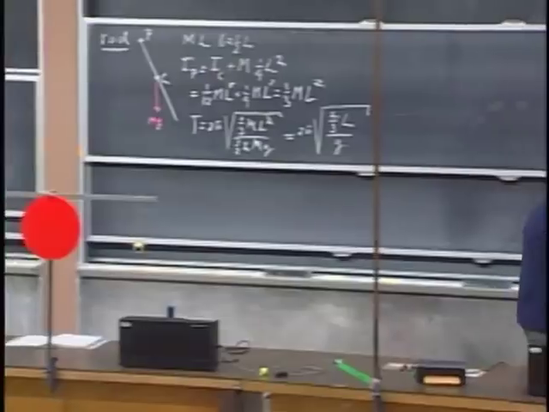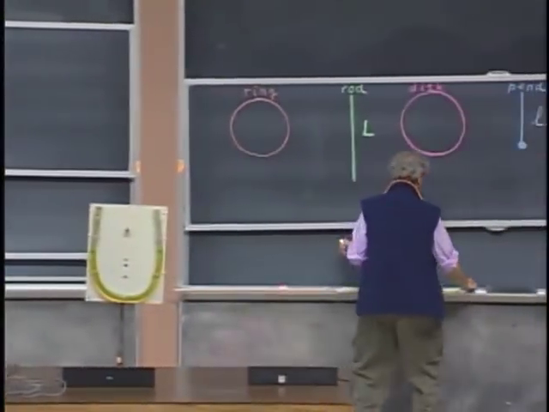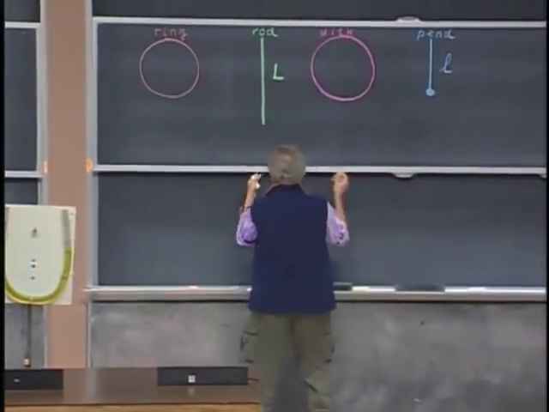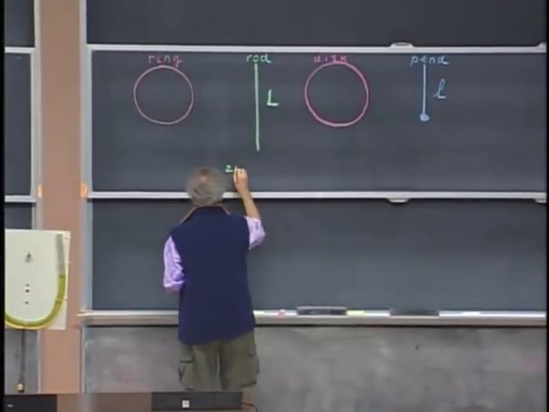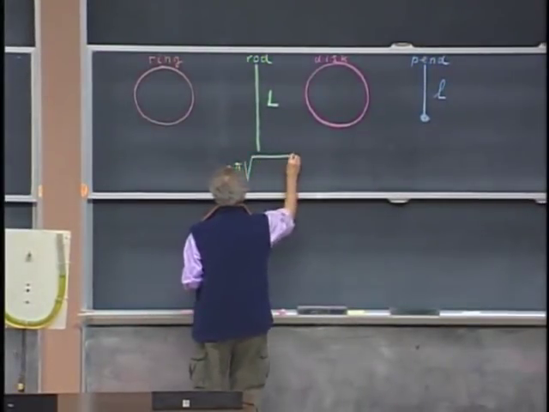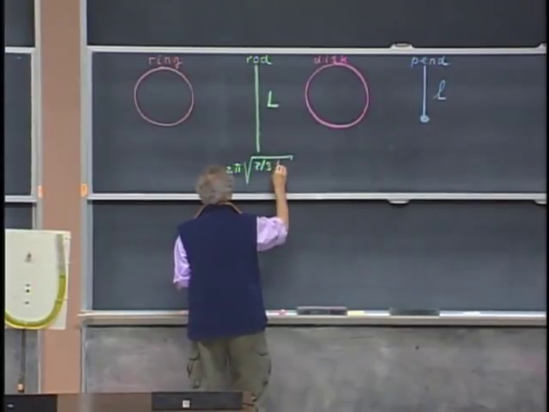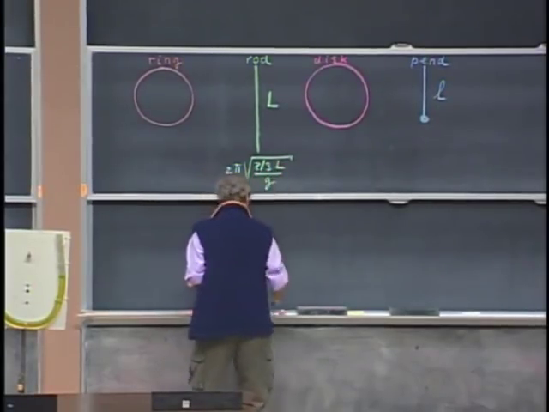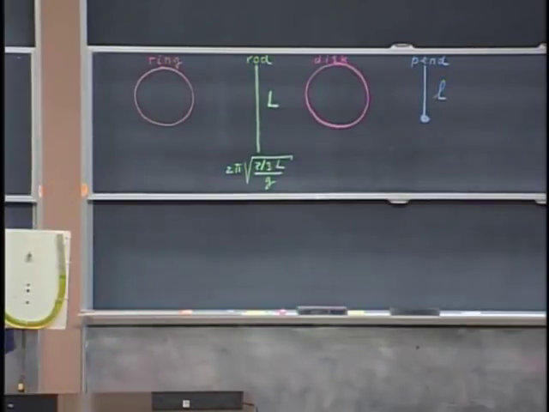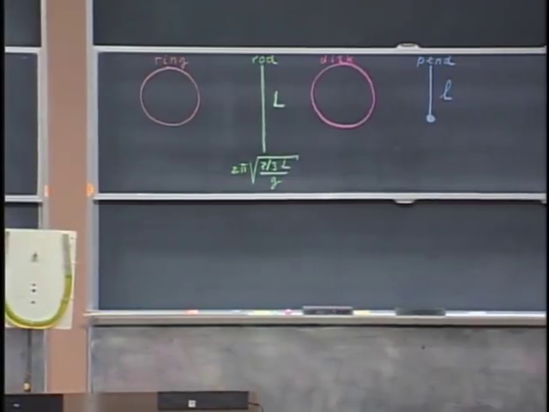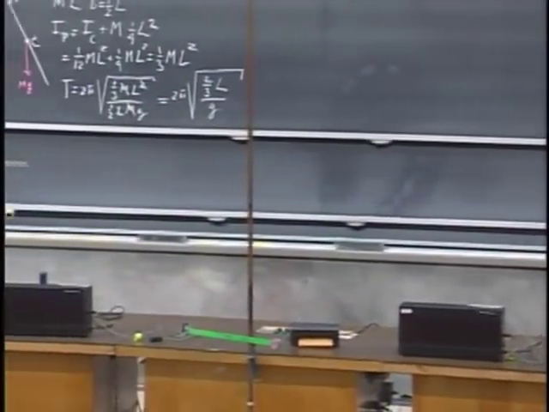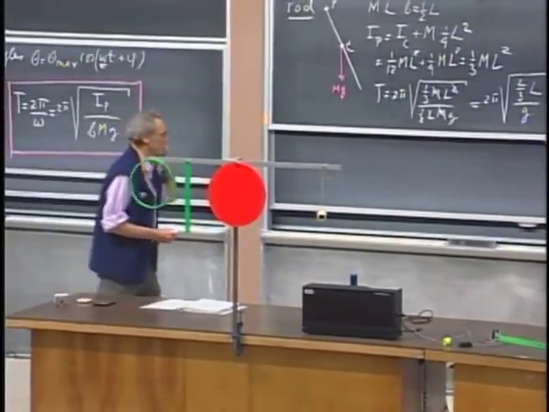So let's write that under here, because we're going to compare them shortly. So this is 2 pi times the square root of 2/3 L divided by g. The rod that we have here is designed in such a way that the period is very close to 1 second.